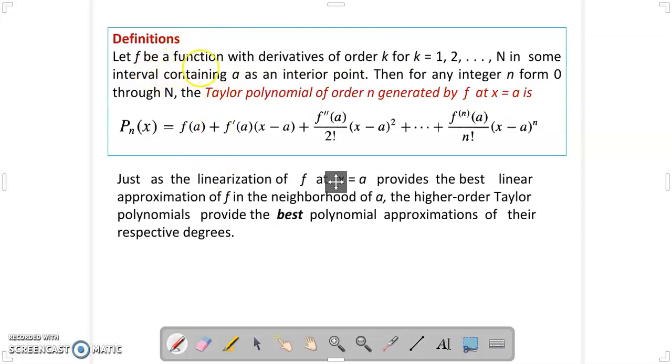Let f be a function with derivatives of order k, where k varies from 1 to capital N, in some interval containing a as an interior point.